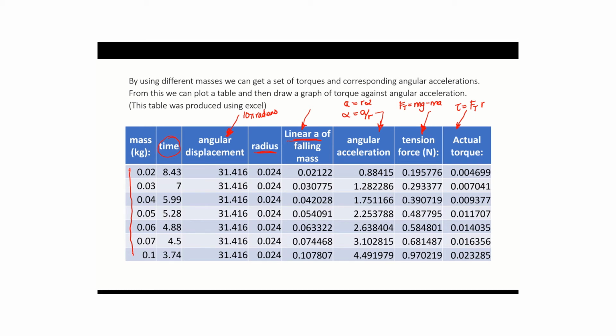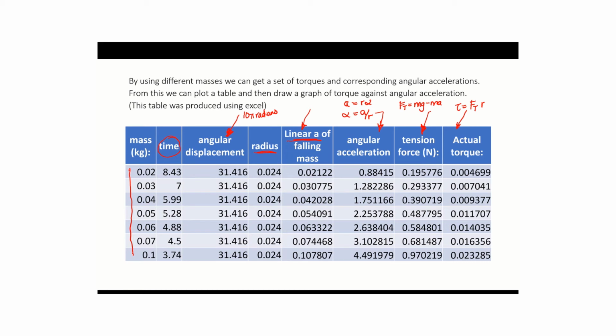So that's how we've gone through and calculated each of these parts. As you can see, this has been done on an Excel spreadsheet just by putting in formulas. You can do all the calculations in a table manually as well, maybe not as easily.